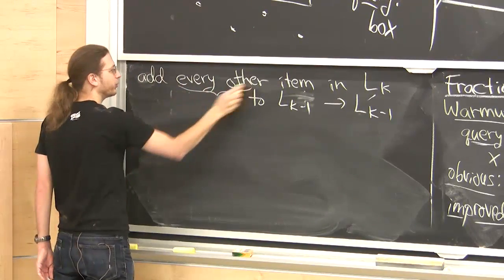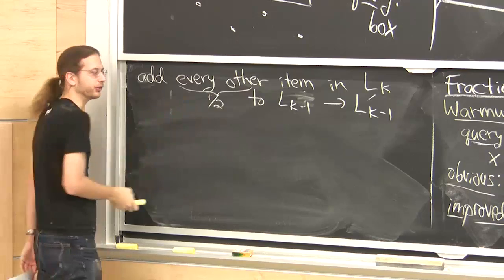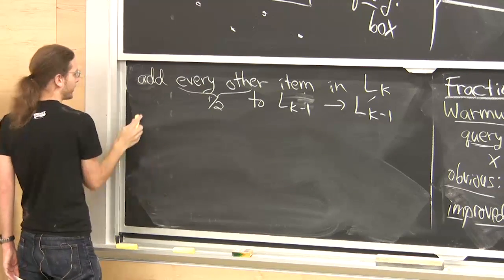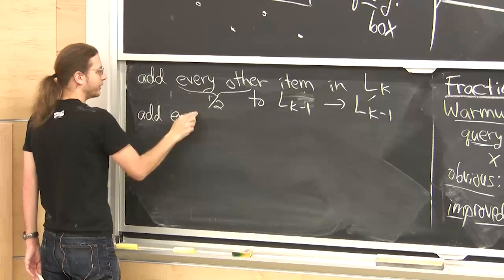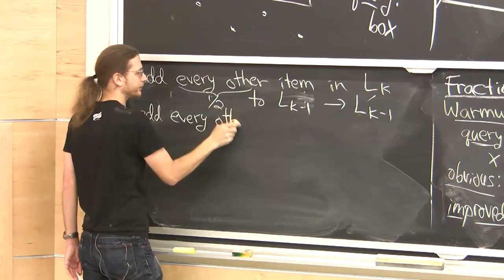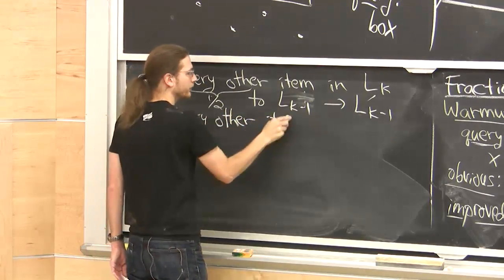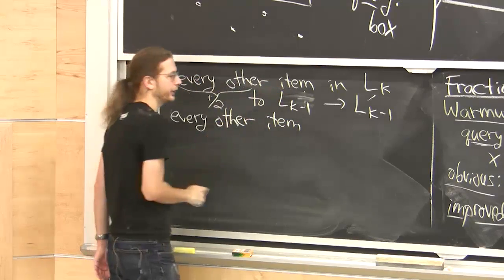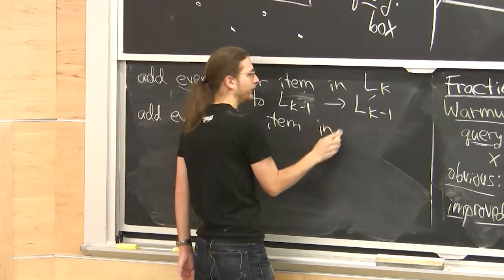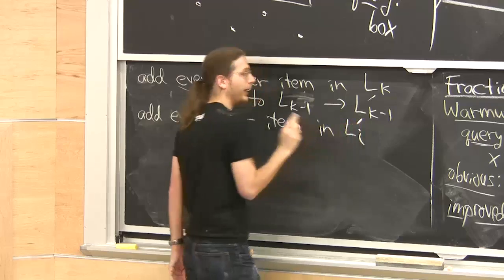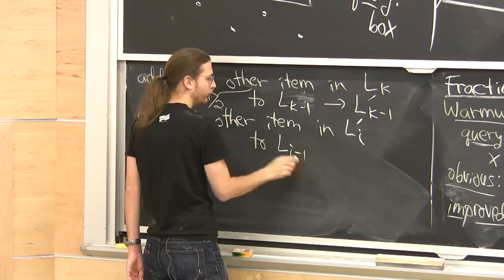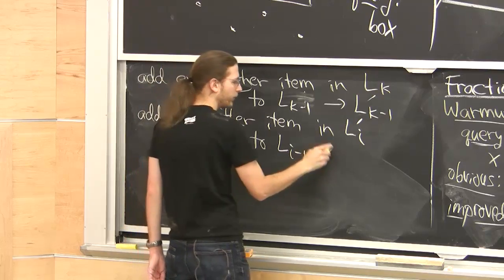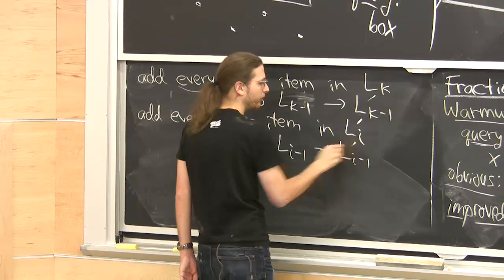Here, the fraction is 1/2. You can make it whatever fraction you like, less than 1. In general, I'm going to add every other item, in sorted order in Li prime, to Li minus 1 to form Li minus 1 prime.